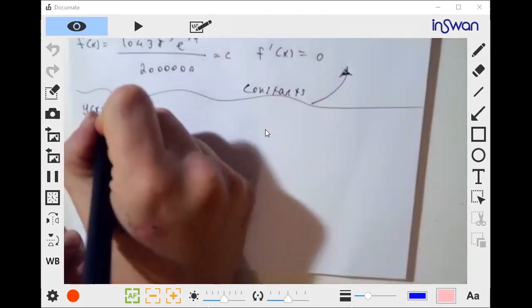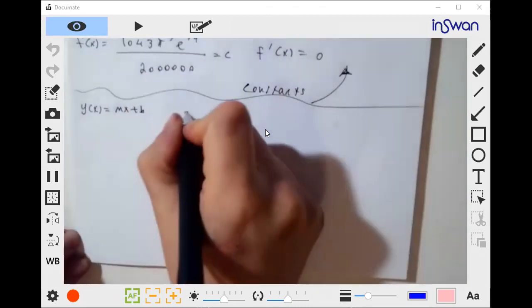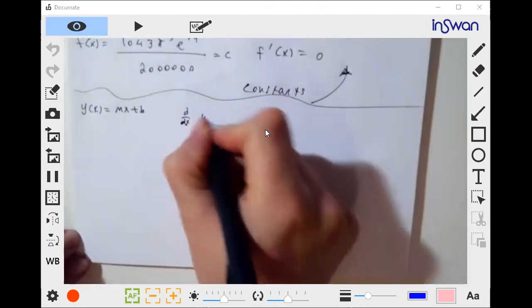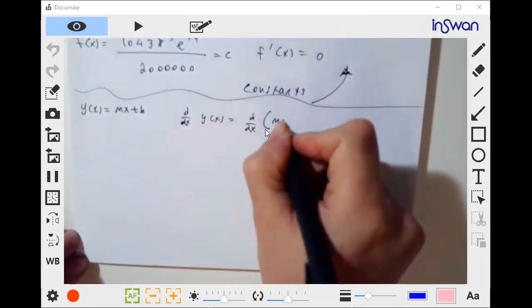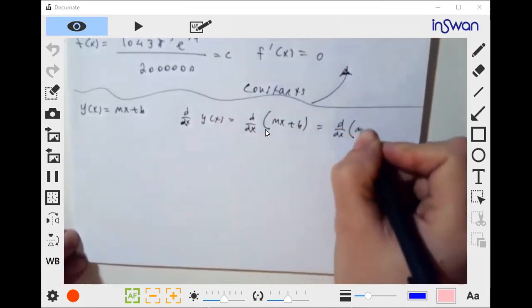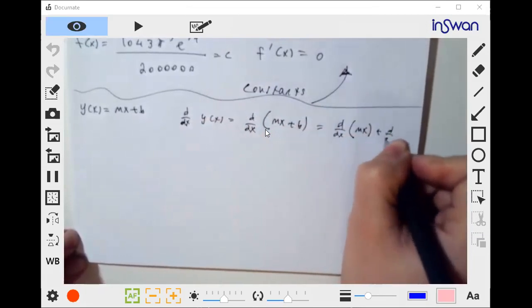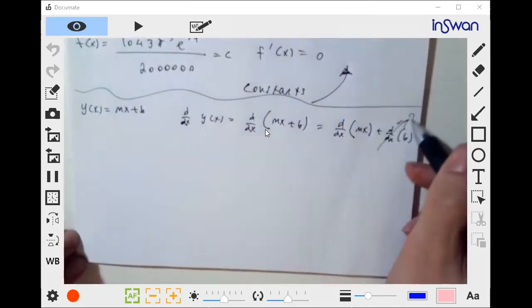What if our y of x is equal to some mx plus b? All right, then d dx of y of x is equal to d dx of mx plus b. Notice the differential operator is linear, so it transfers to both of these terms. But b is a constant, so this becomes a 0.